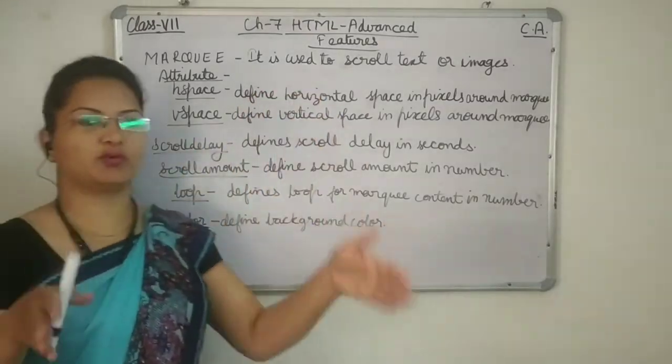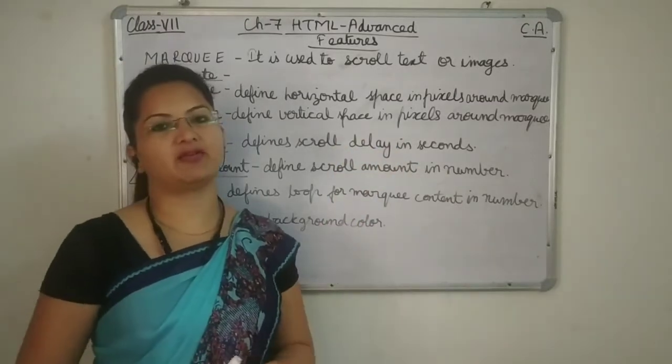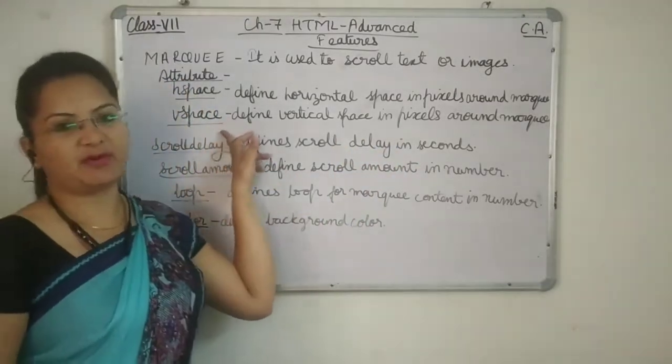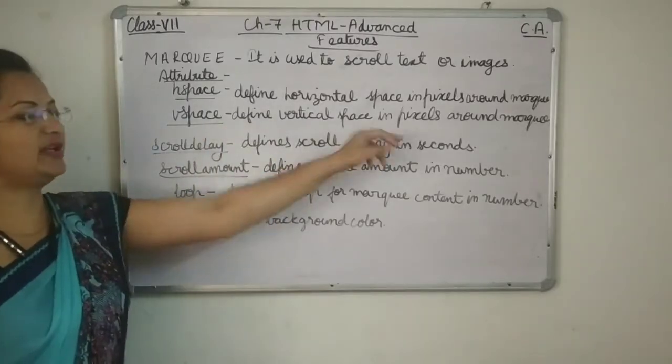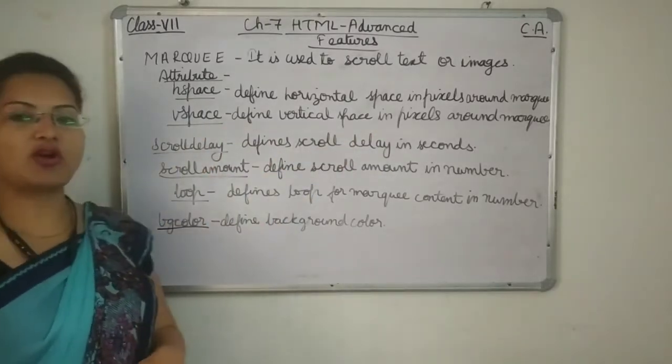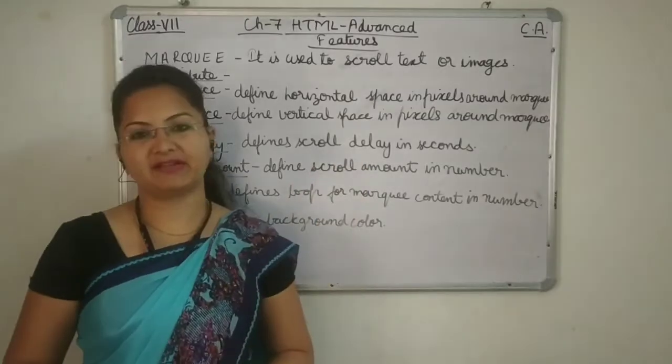Now vspace means vertical space. The vertical space around the marquee can be defined with the help of vspace, and it will also be in pixels. Then next is scrolldelay. Here it will define the scroll delay.